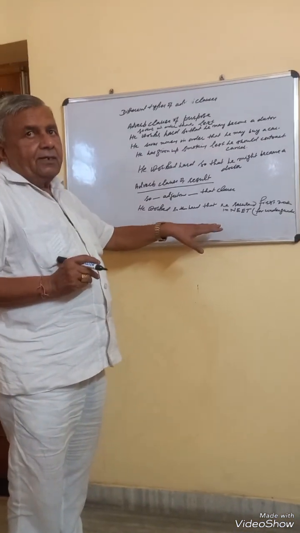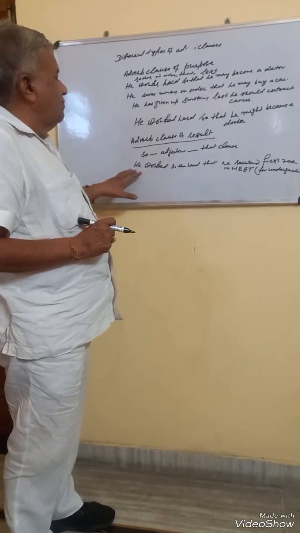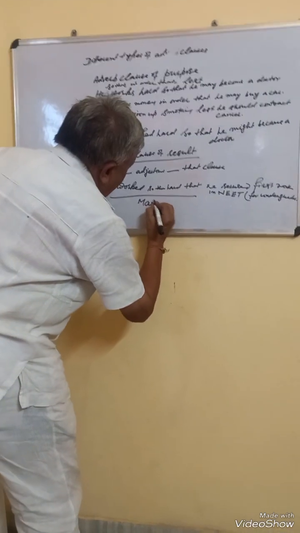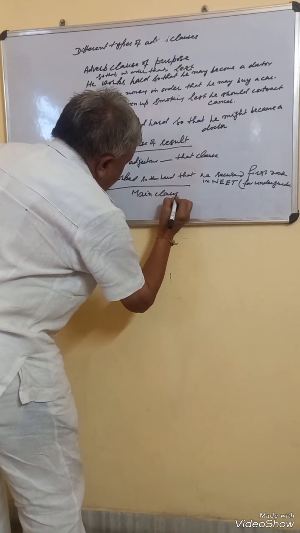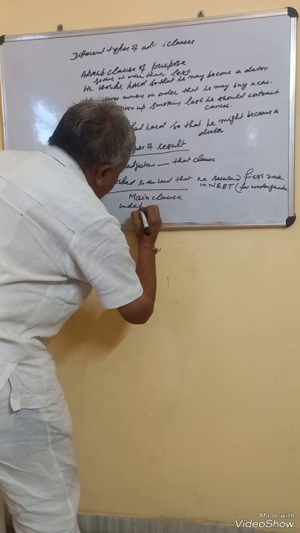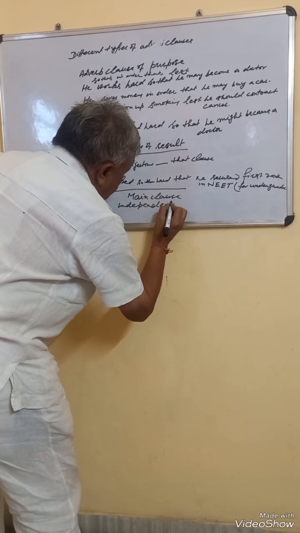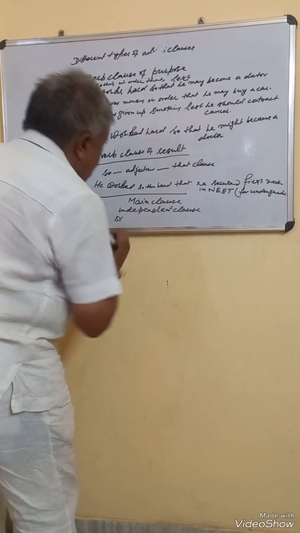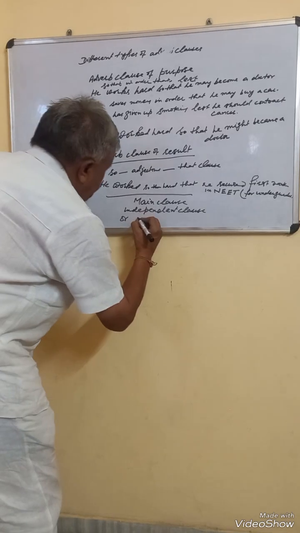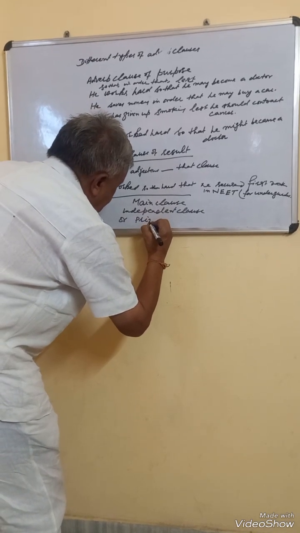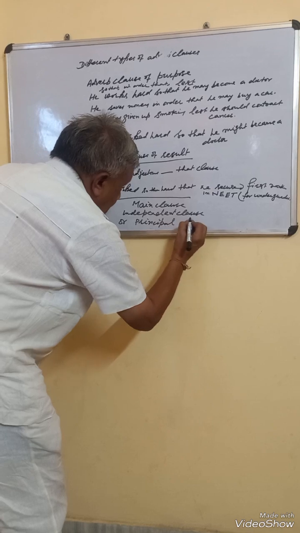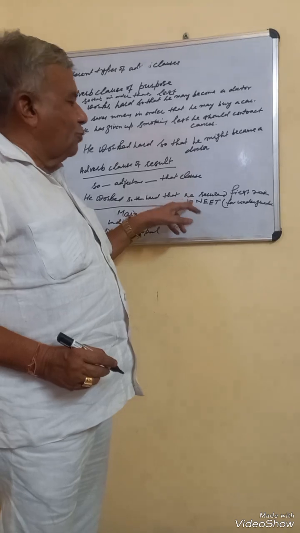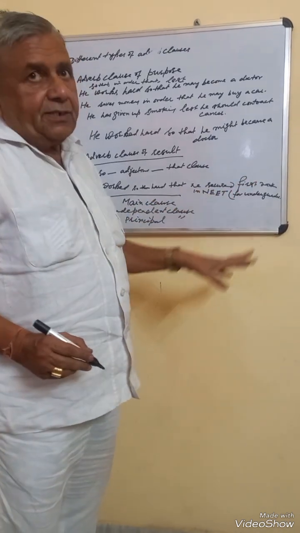So this is the result of working hard. He worked so hard is the main clause, principal clause, and the dependent clause. It can be called main clause, independent clause, or principal clause. That he secured first rank in it is a subordinate adverb clause of result.